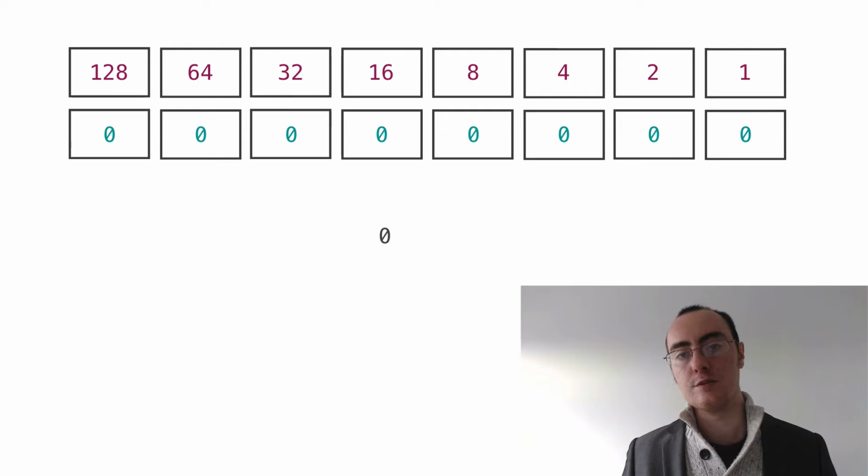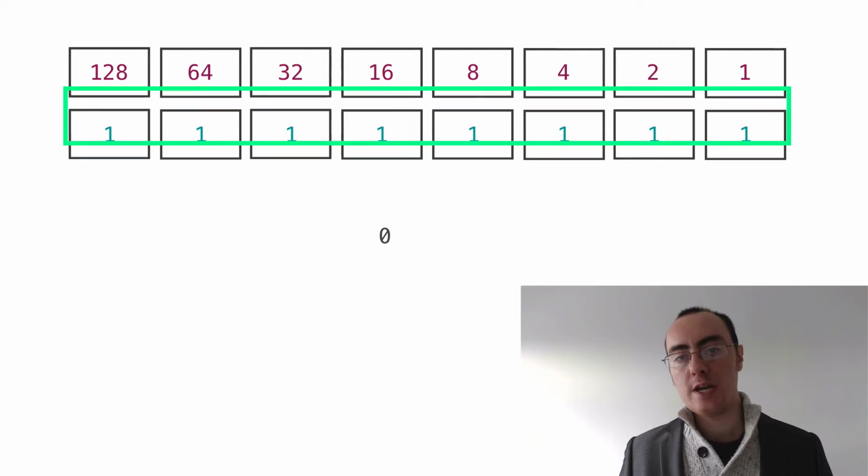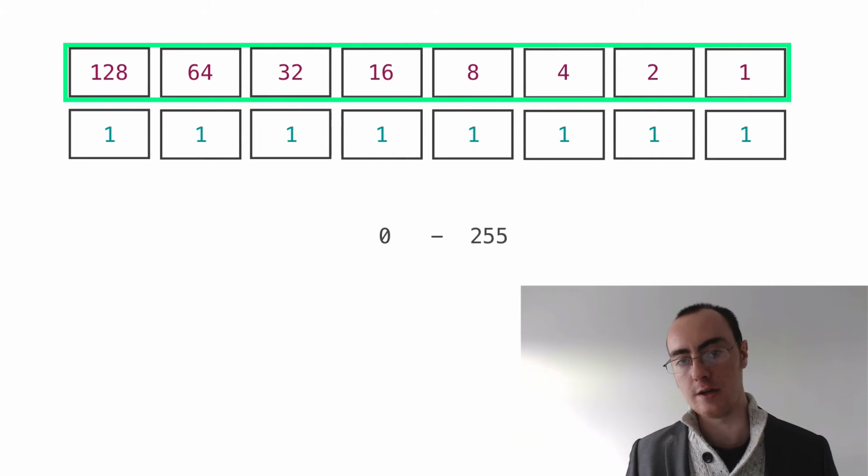But then to find out the range, the maximum number we can produce on an 8-bit system, we want to add all those numbers together. So we turn all of those numbers on. We set all of our bits to 1. And when you add 128, 64, 32, 16, 8, 4, 2 and 1 together, you will end up with 255.